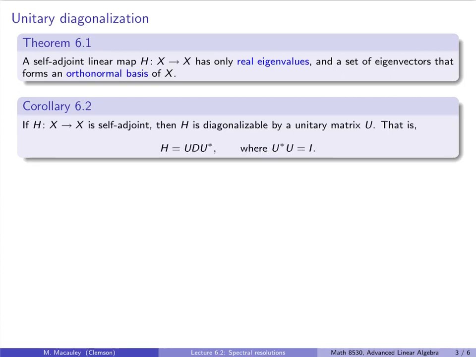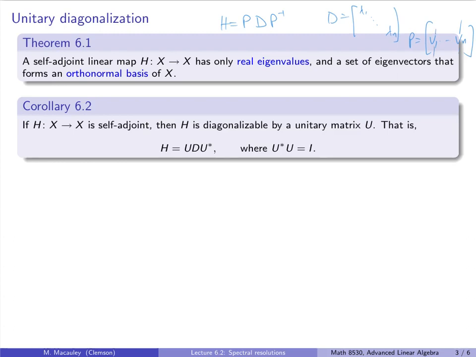Theorem 6.1 that we just proved tells us that every self-adjoint linear map is diagonalizable. In other words, H is equal to P D P inverse. And remember, D is the matrix of eigenvalues, and P is the matrix of eigenvectors, the columns.